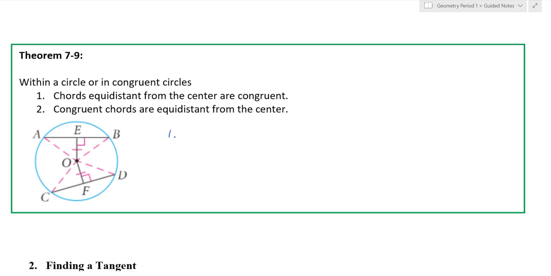So essentially it says if chords are equidistant, so that means if OE, segment OE right here, is congruent to OF, then the chords AB and CD are congruent.